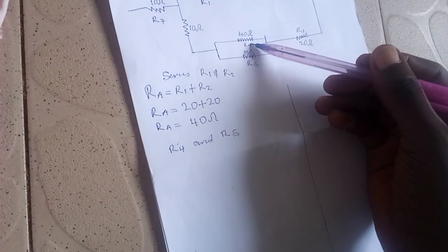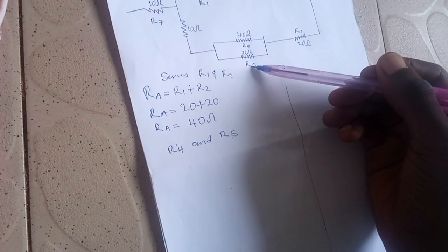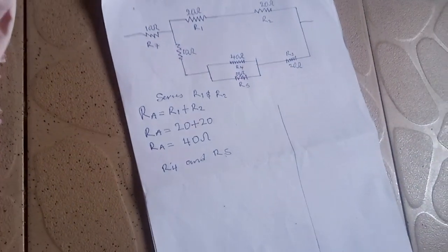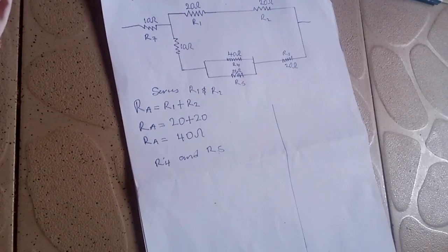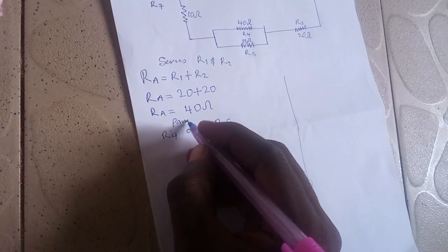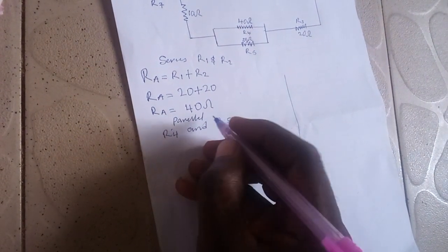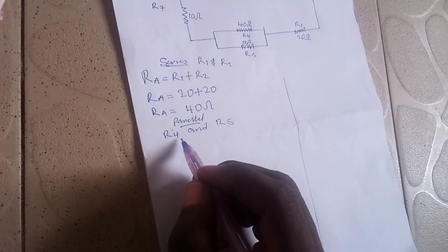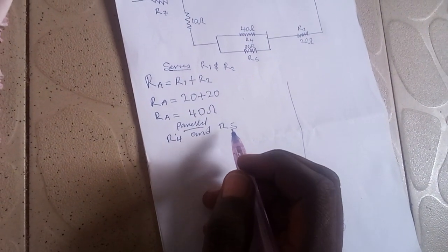So this is the R4, this is the R5. So you now know how you're going to put them. And remember, I said, let me put parallel here, and this is series. So our parallels we're using R4 and R5.